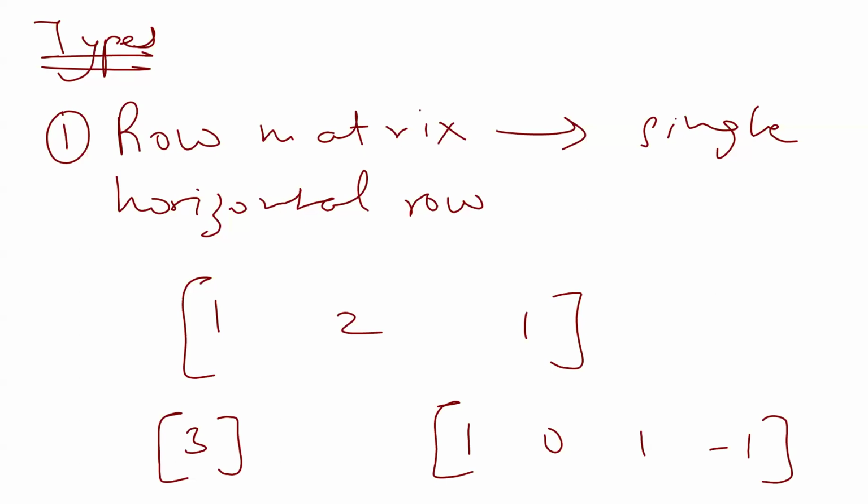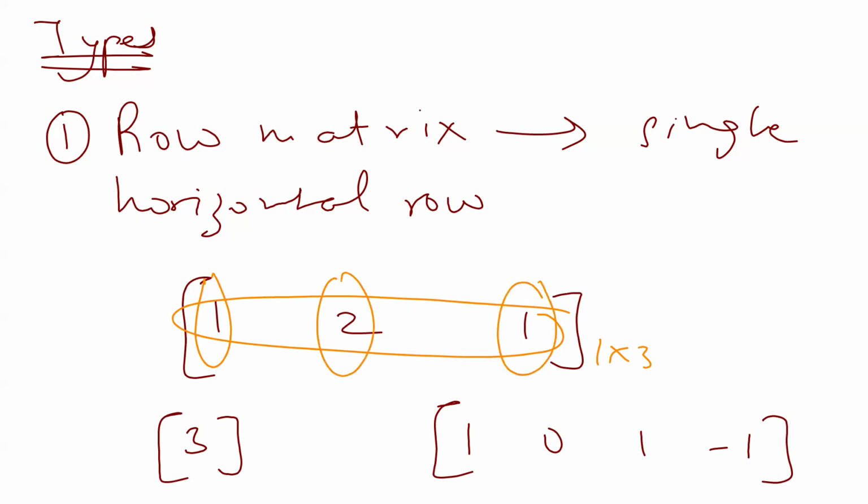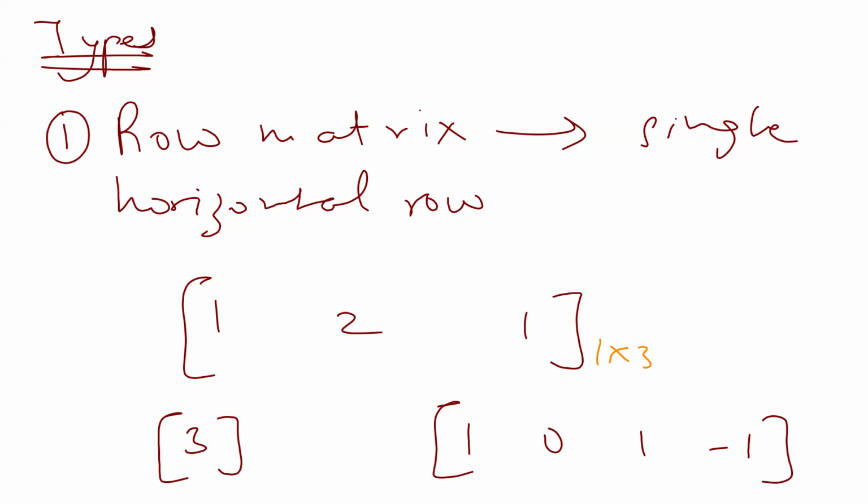So the order of this matrix is one row and three columns, one single row and three vertical columns. The order of this matrix, one single row and four vertical columns.